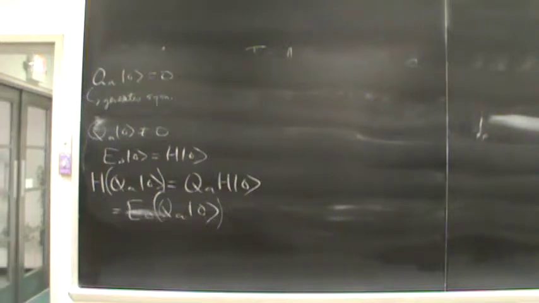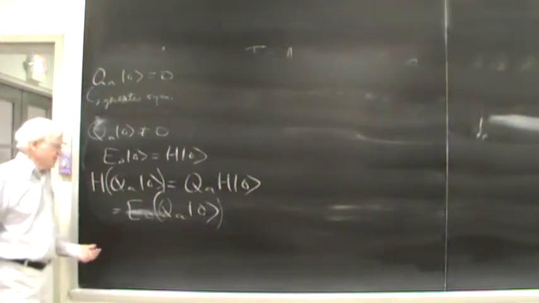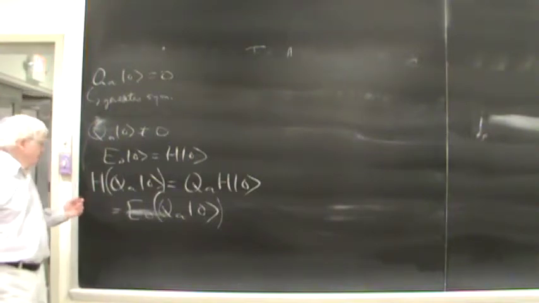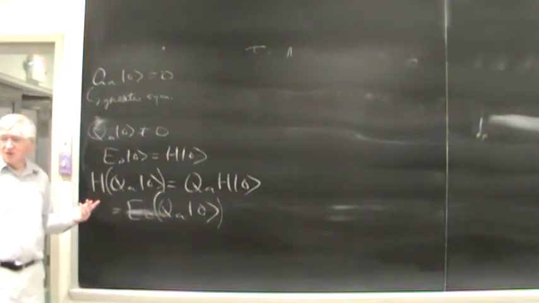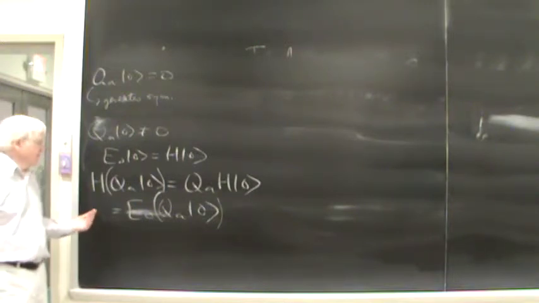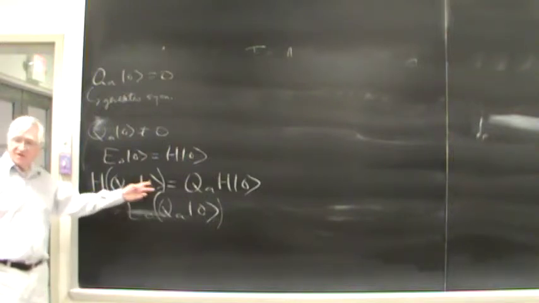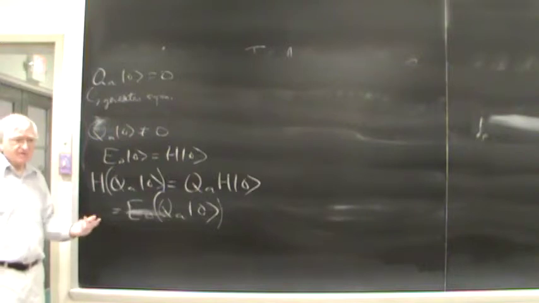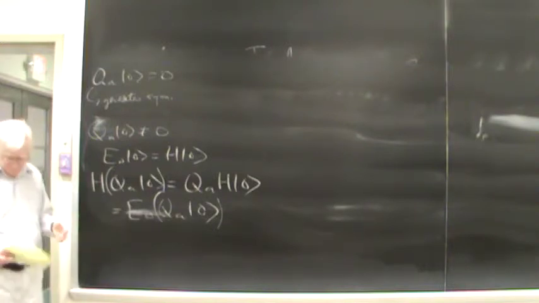On the other hand, it's also a state that's translationally invariant because there isn't any x here. So that's a state of momentum 0. So you have a state of momentum 0 and energy E0 that's not the vacuum, but rather something else, Q^A on the vacuum. That's the Goldstone particle at rest. It has mass 0, so it has energy 0.